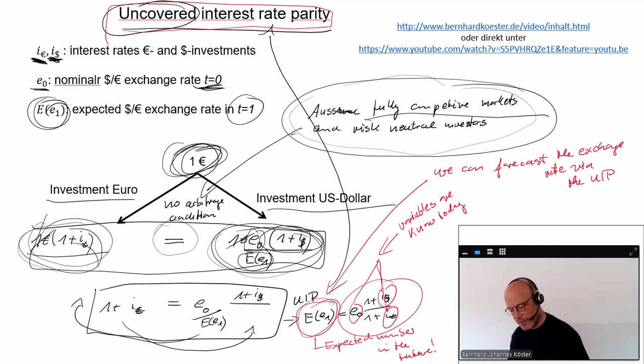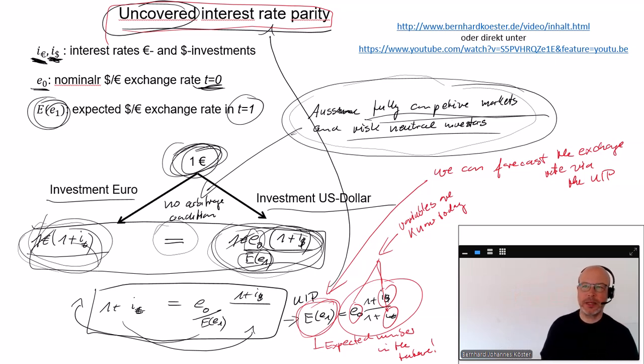And then we assume fully competitive markets, and what is also important, that we are risk neutral if we compare investments at home and abroad. Nowadays in general, we say for capital markets, this is given, especially for the developed economies.